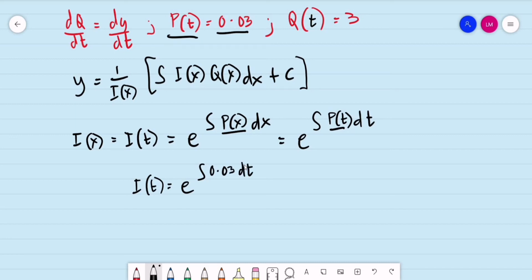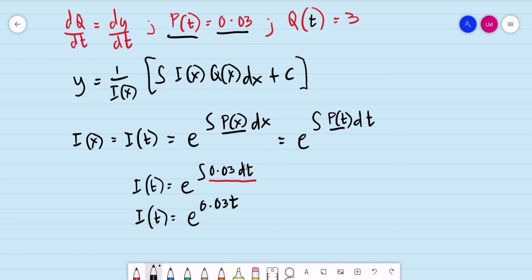What is the integral of 0.03 dt? Kindly recall your integrals. The integral of 0.03 dt is simply e raised to 0.03 t.